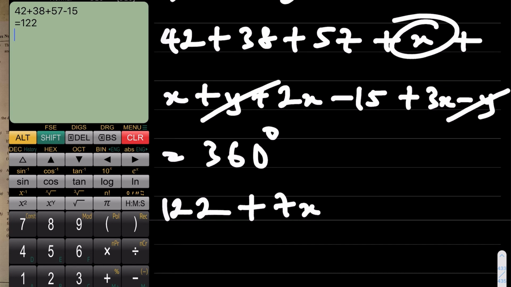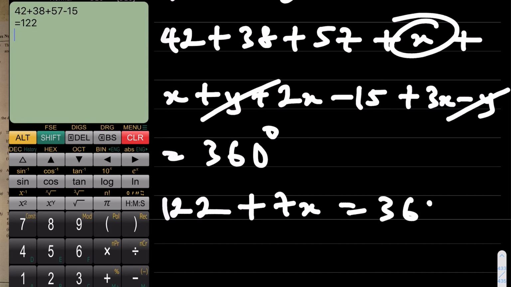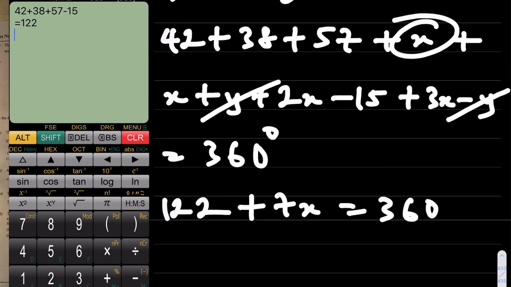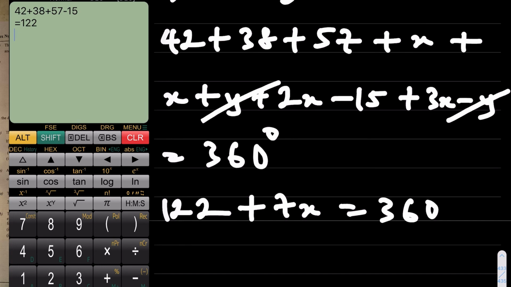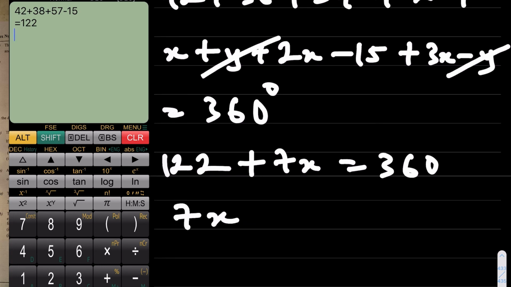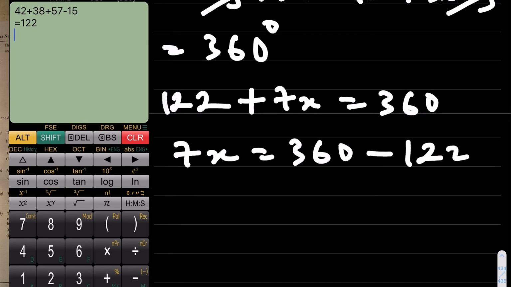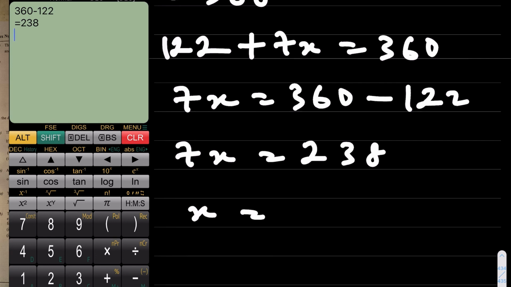So I just have 122 plus 7x equals 360, which simply means 7x equals 360 minus 122. That's 238. And x is therefore 238 divided by 7, which is 34 degrees.